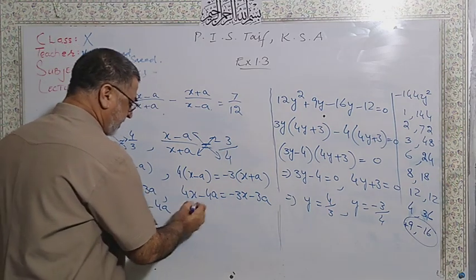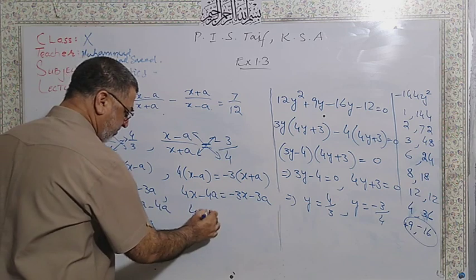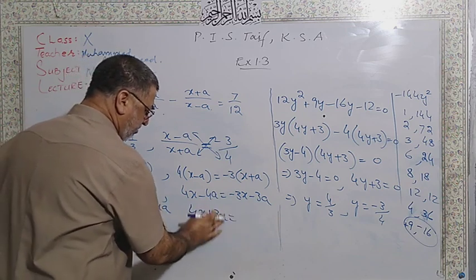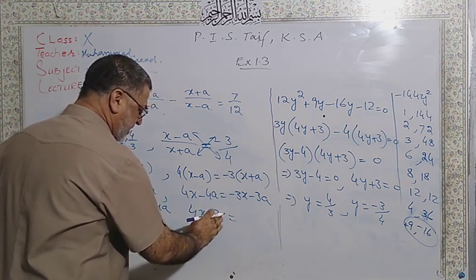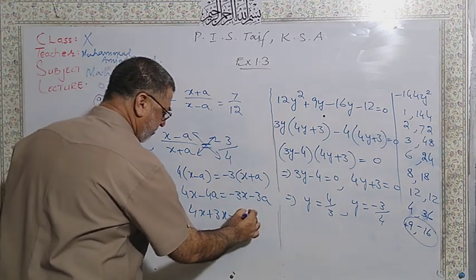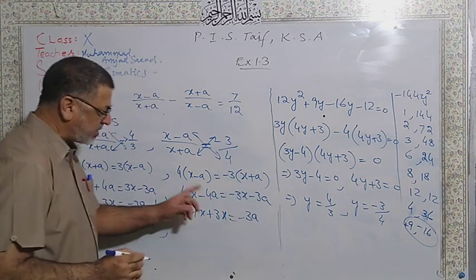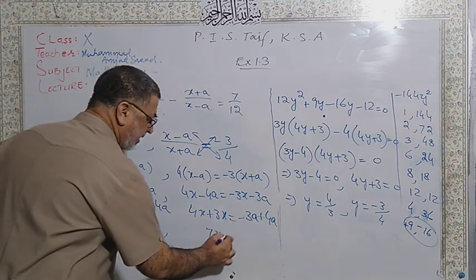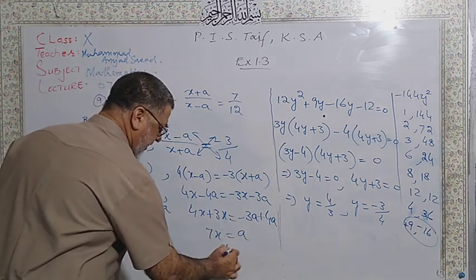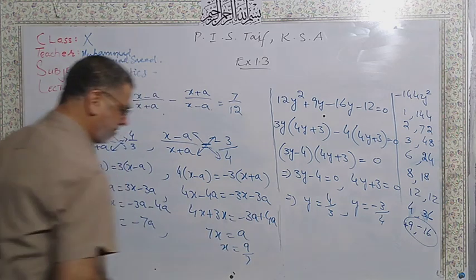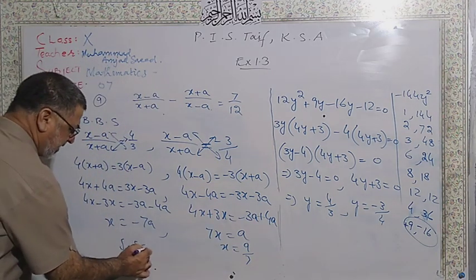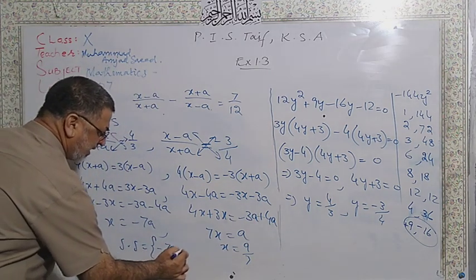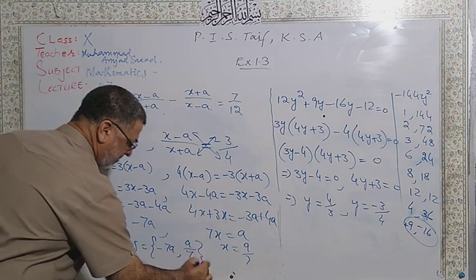Again bring this 3x, it will become positive on the left hand side, and minus 3a and minus 4a become plus 4a on the other side. 7x is equal to a and x is equal to a over 7. So your solution set is minus 7a and a over 7.